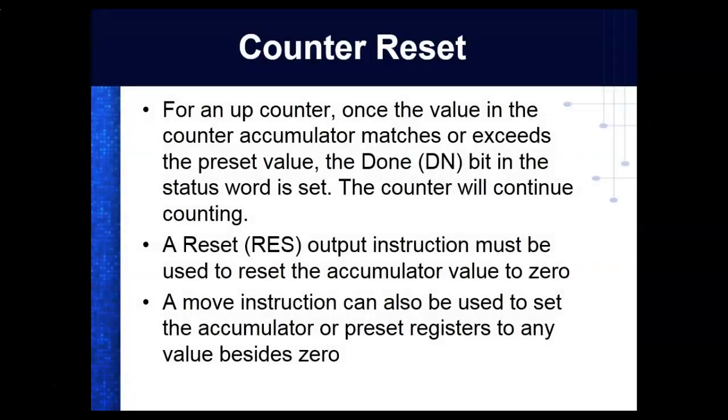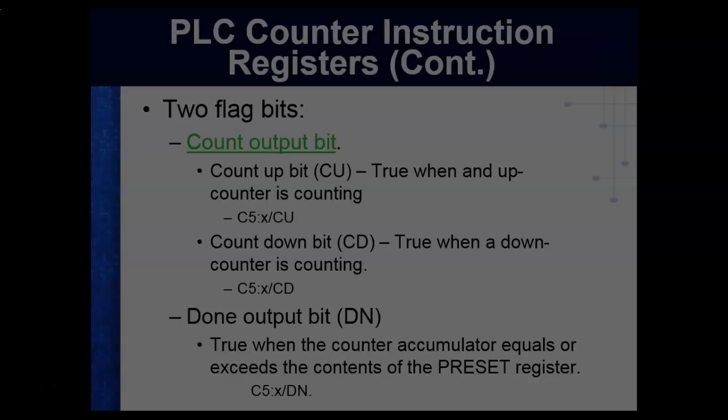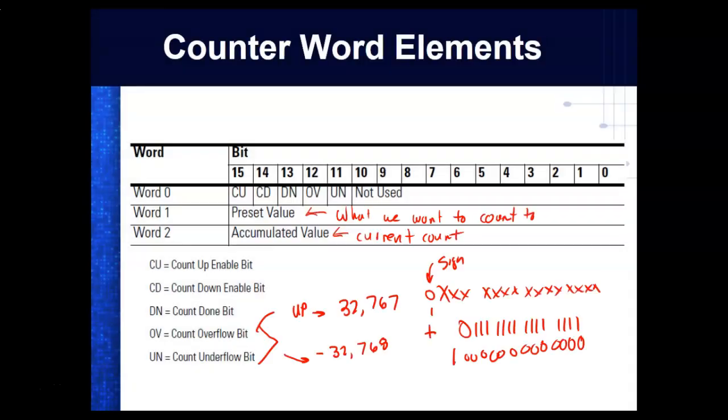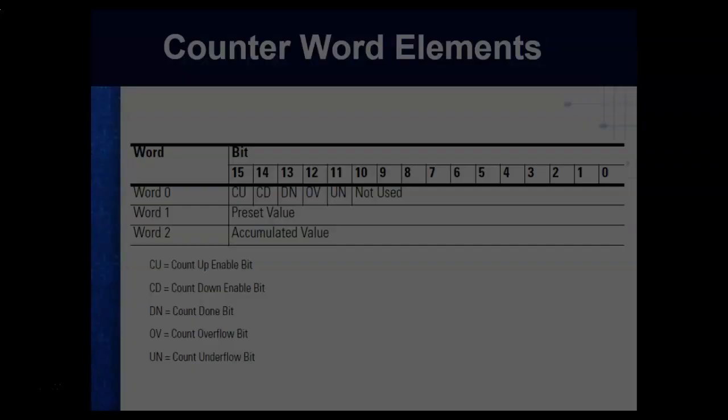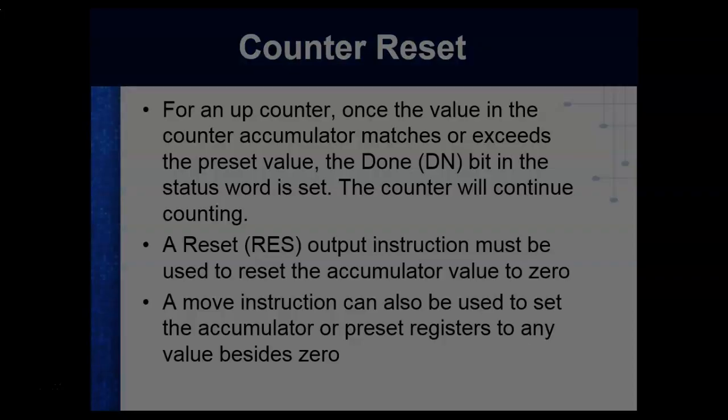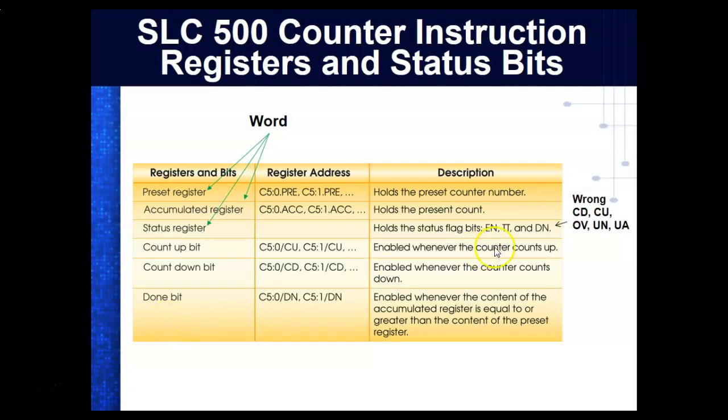Set count up, count down, count up, count down, timer done, overflow, underflow. So I don't know where I got that at, guys. What am I missing? Count up, count down, overflow, underflow, let's see. And I've got UA out there, not UN.